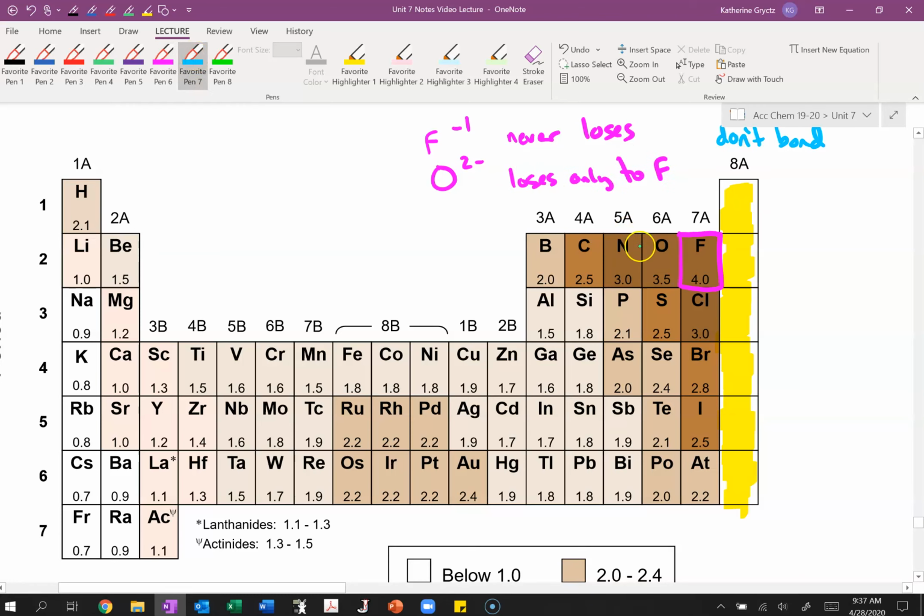This is why those little rules existed, because of their electronegativities. So fluorine here is the highest electronegativity. No matter who it bonds against, we have found that it always has the higher ability to pull the electrons toward it. So it will always pull in the negative versus anybody else.